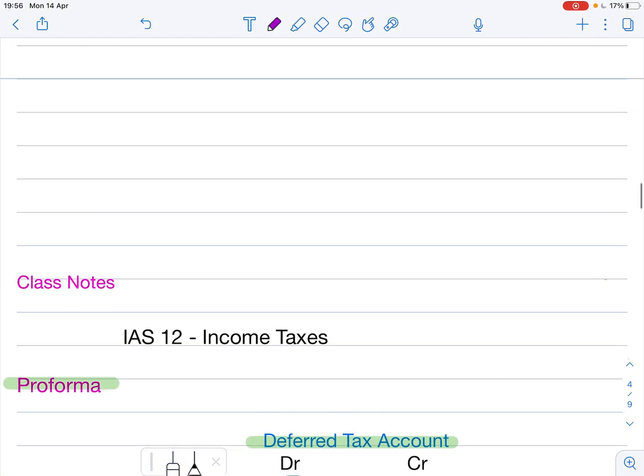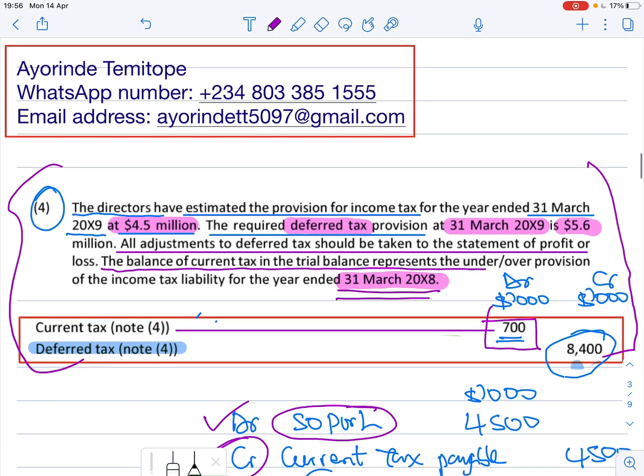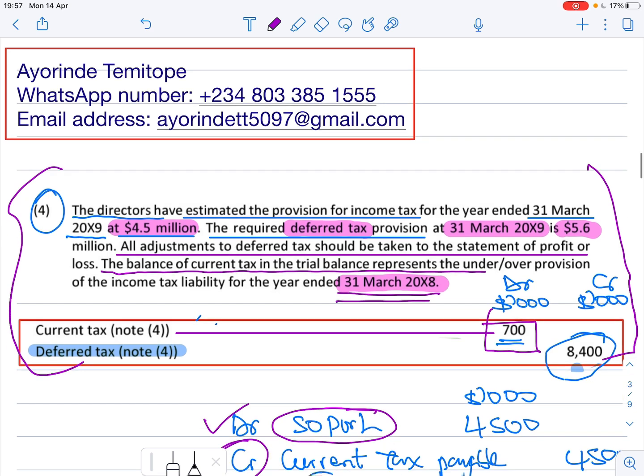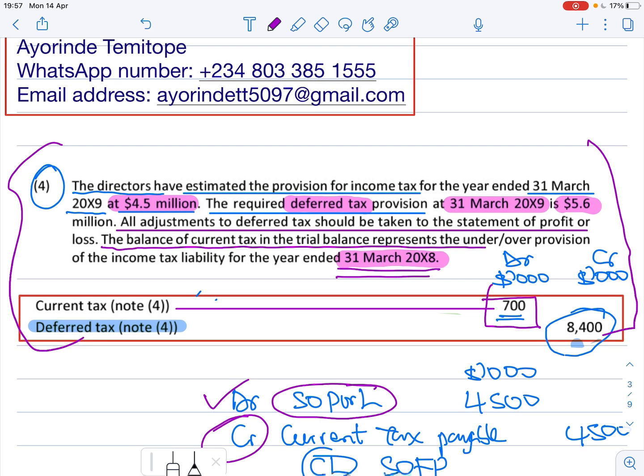While doing the processing, you need to check the relevant figures in the trial balance. For instance, regarding taxation, the trial balance asks for this 700 as well as this 8.4. So you need to pin the notes, which is note 4 here, and the trial balance extract together. So process the information. That's the first thing.